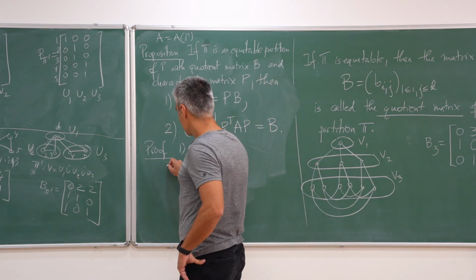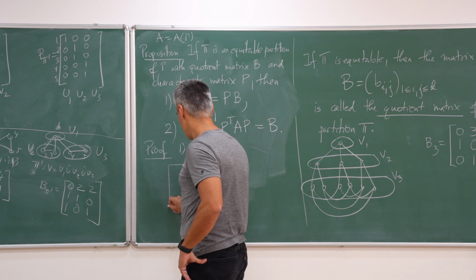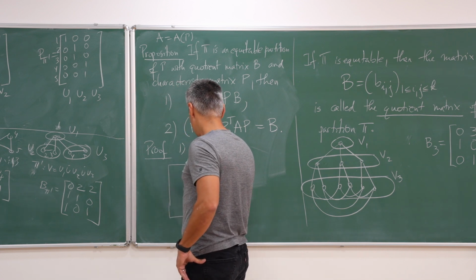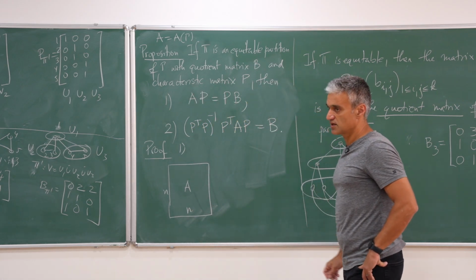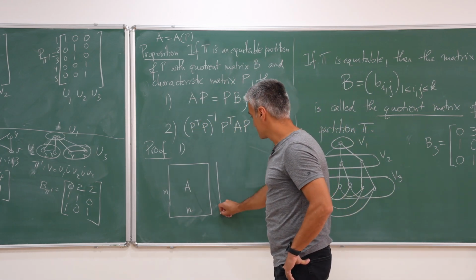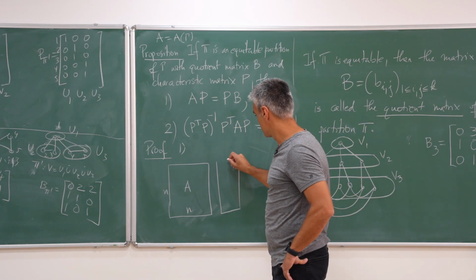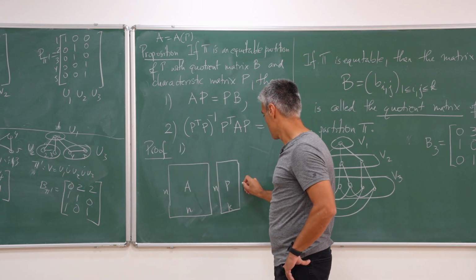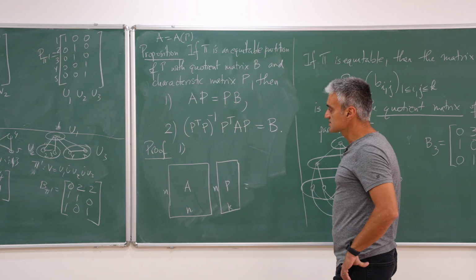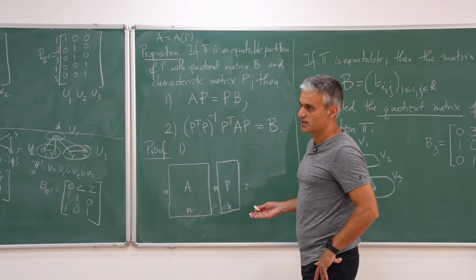So in one, we have the big matrix A. We claim that this big matrix A, you multiply it by this tall matrix P, and the claim is that the result should be an n by k matrix.